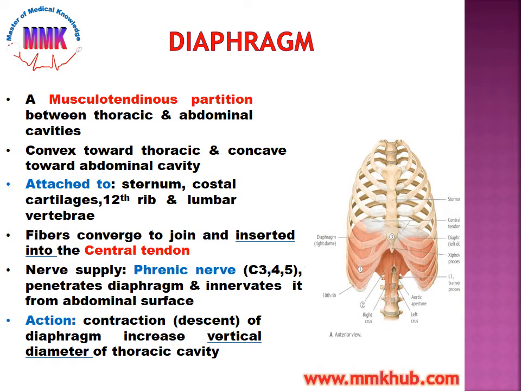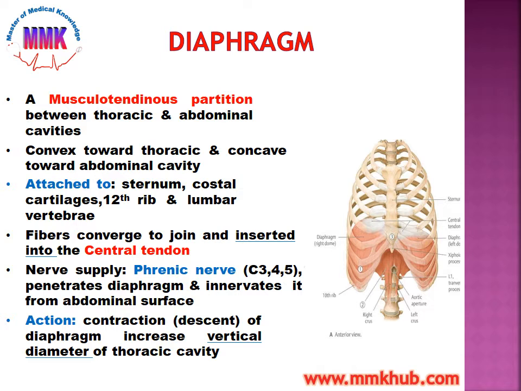Diaphragm. The diaphragm is a musculotendinous partition between the thoracic and the abdominal cavities. It is convex towards the thoracic side and concave towards the abdominal cavity side. It is attached to the sternum, costal cartilages, 12th rib and lumbar vertebrae. The fibers of the diaphragm converge to join and are inserted into the central tendon of the diaphragm.